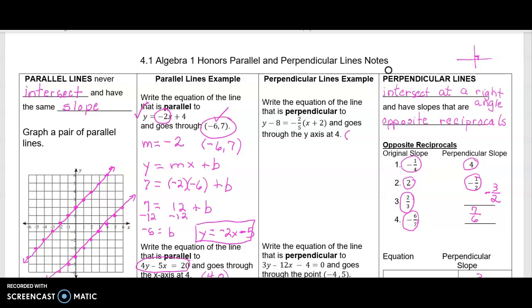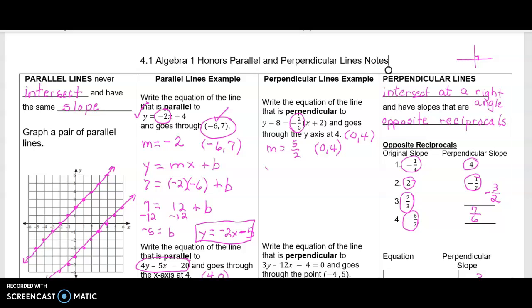So if it goes through the y-axis at 4, that point is (0, 4). And if the slope of this line is -2/5, then we want to use a slope of positive 5/2 if the lines are perpendicular. And with the point (0, 4), let's just use the point-slope form.